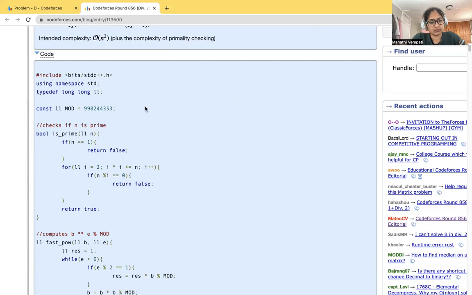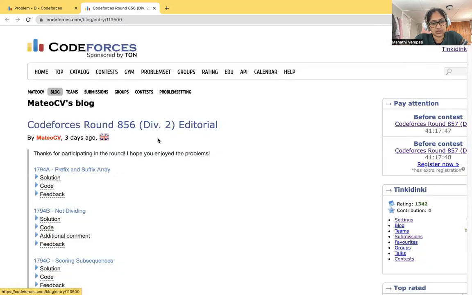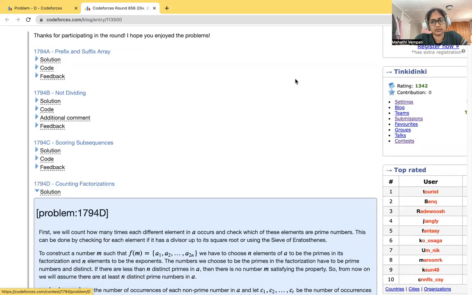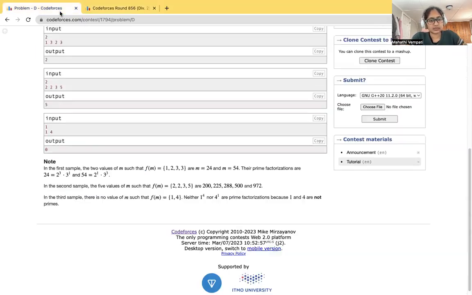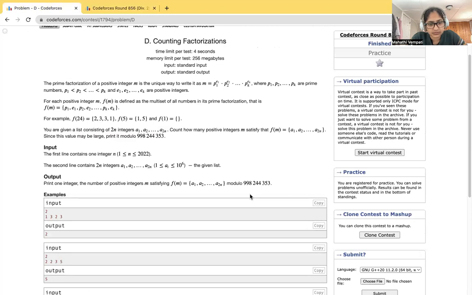So this is checking prime, and we're doing it in square root of n. N can be up to 10 to the 6.